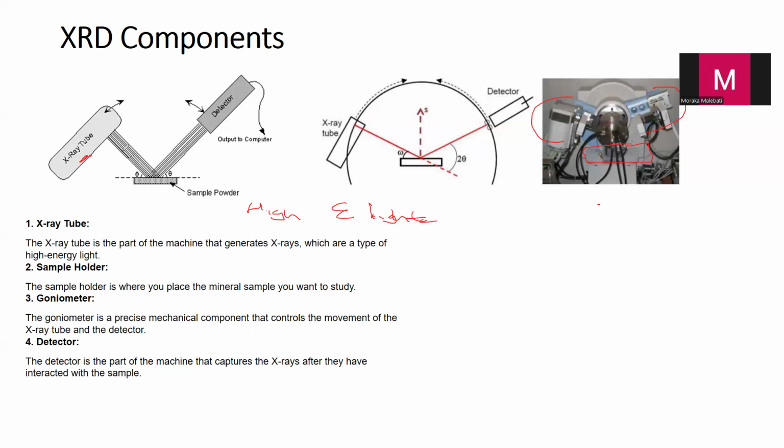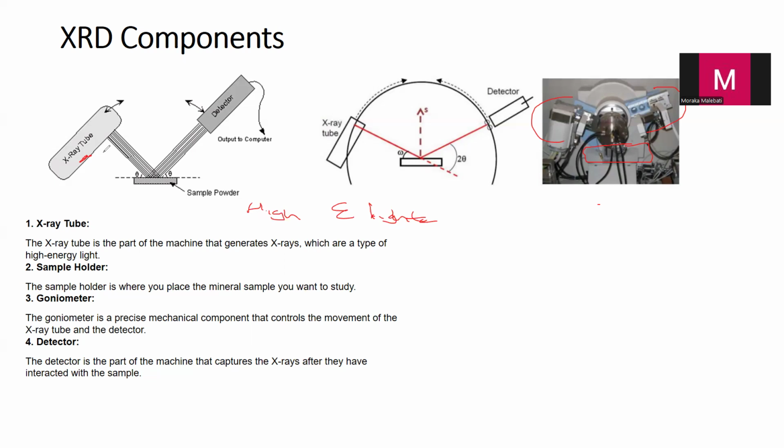When the machine is turned on, immediately when you get into the lab and turn the machine on, the X-ray tube emits a focused beam, a collimated X-ray beam. Collimated means the beam is focused.